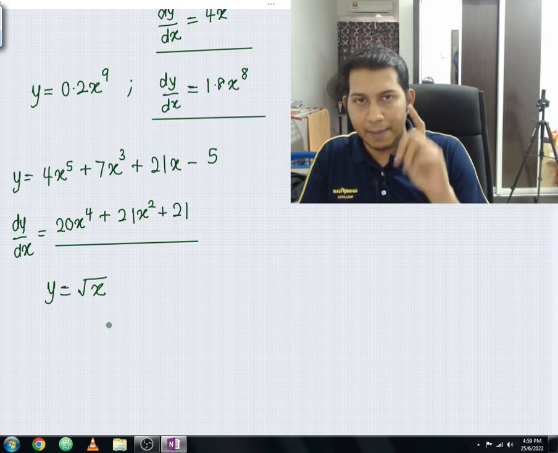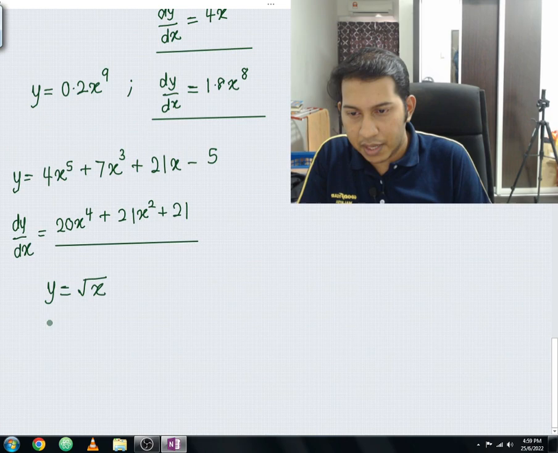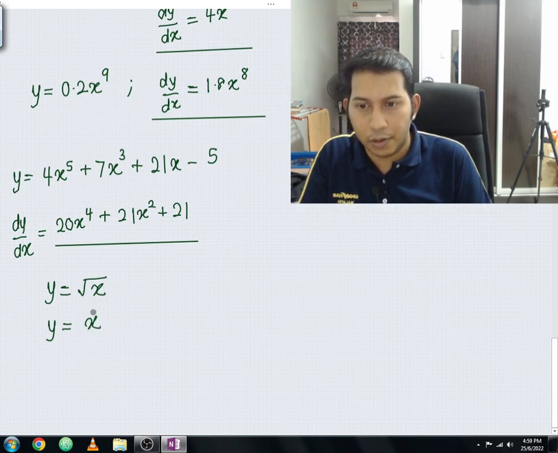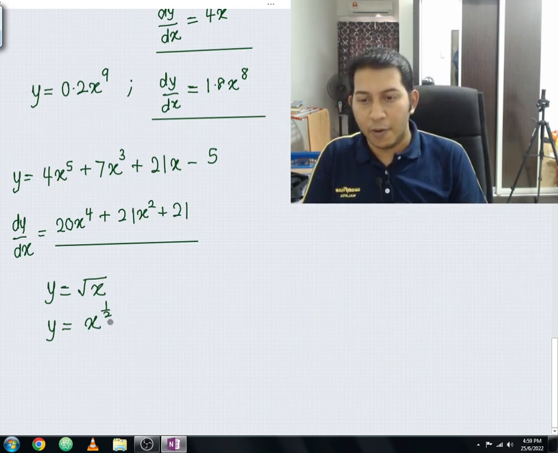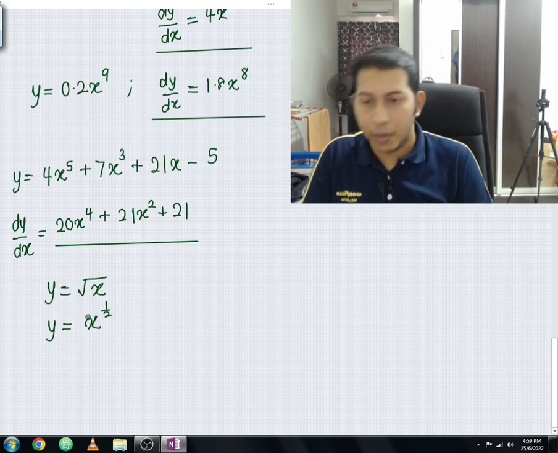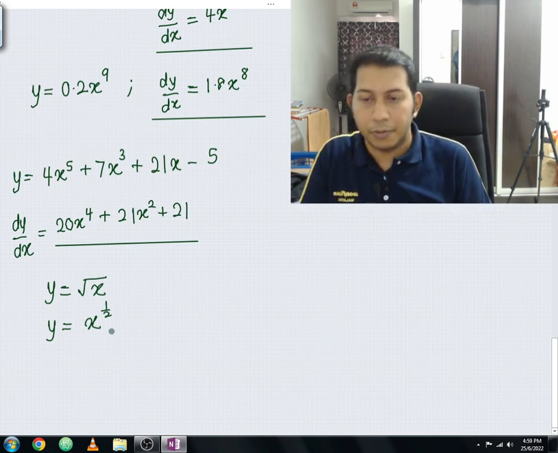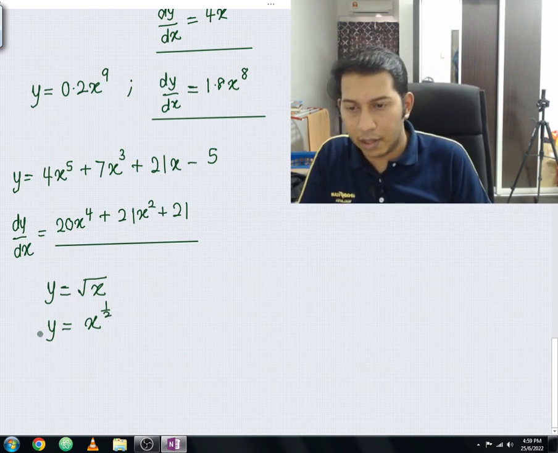Step number 1, first thing first, you convert this into the power form. You change it from the square root to the power of half, so it becomes x to the power of 1 over 2. Now it is easier for us to solve because we can relate this with the formula. Can we solve? Yes, we can.